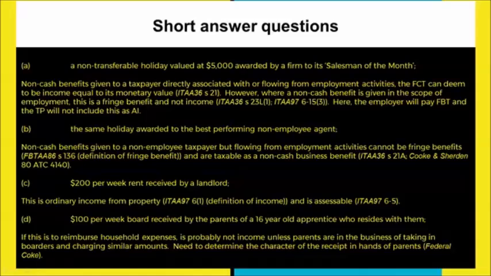Now, leaving aside any sort of evidential difficulties with that, by and large, this is going to be deemed to be a simple reimbursement of household expenses. It's $100 a week, and again, the course will look at this, is that an appropriate or fair market value? But by and large, if it's a small amount or a token amount, it's really going to be deemed to be a reimbursement, and it's not going to be income.